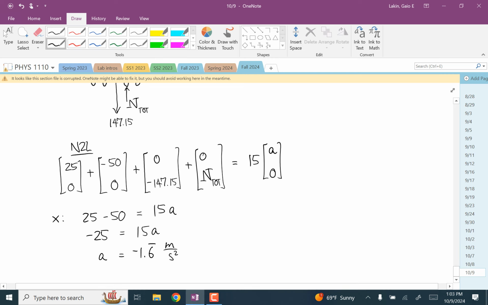And now you can plug this into the acceleration vector. What we figured out is that the acceleration of each one of these bodies is negative 1.6 repeating, 0. Or another way to say that is it's in the negative X direction.